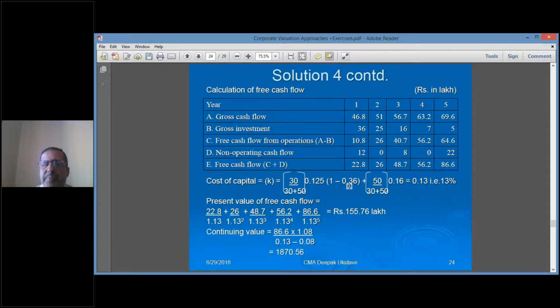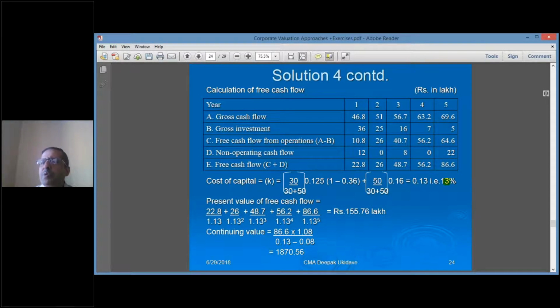Multiplied by market value of debt 30 plus market value of equity 50 into KE 16%, upon 30 plus 50, market value of debt plus equity, you get exactly 13%. That is the cost of capital.